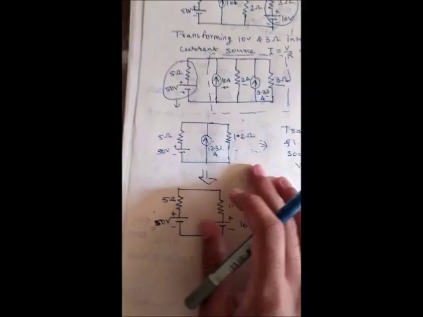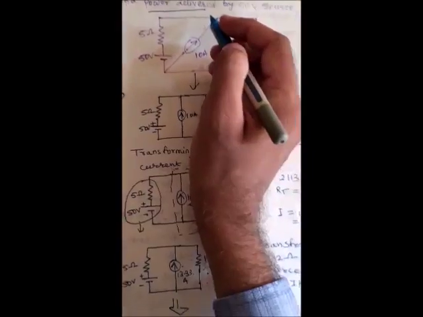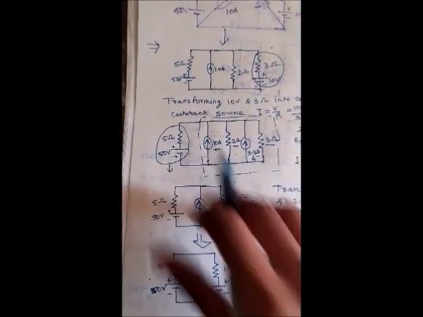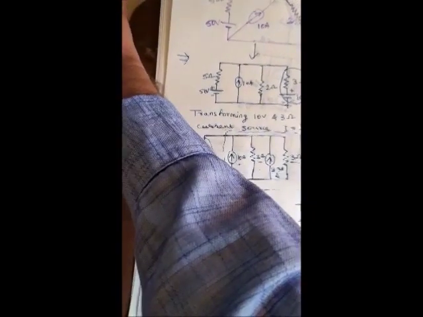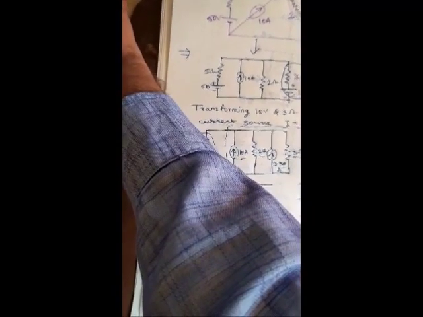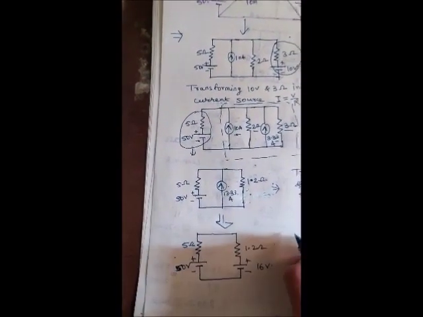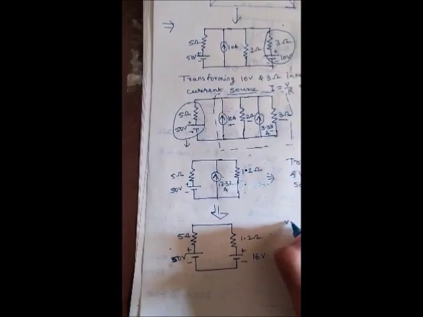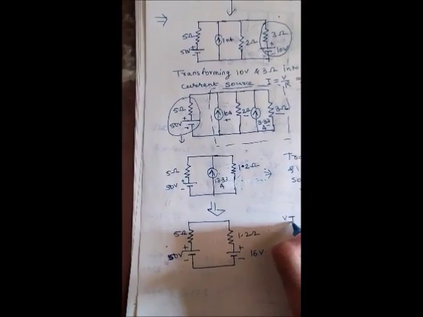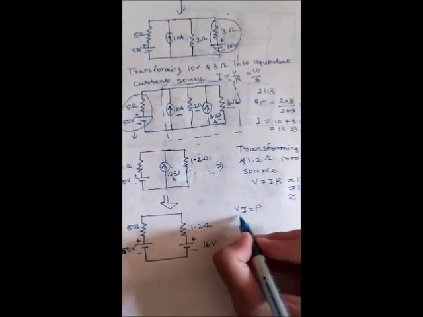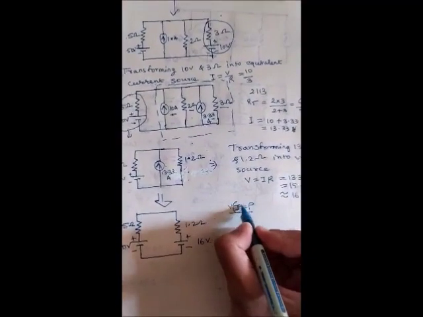Now we have to find out the power delivered, and to find the power delivered we need to find out the current. If we know the current flowing through the circuit, then I can write V into I equals P. So I have to find this current here.